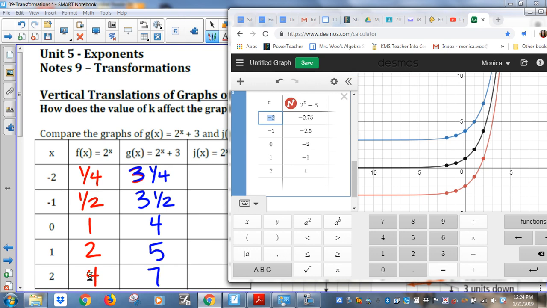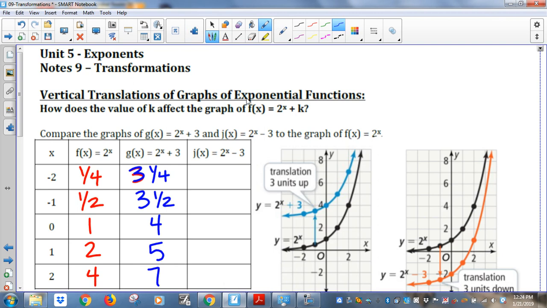So if I have 4 and I subtract 3 from it, I get 1, and I can do that all the way through with my values. Let me go ahead and write this in. What you would do is use Desmos to help you for your homework if need be. So for j of x, I get negative 2 3/4, negative 2 1/2, negative 2, negative 1, and positive 1.